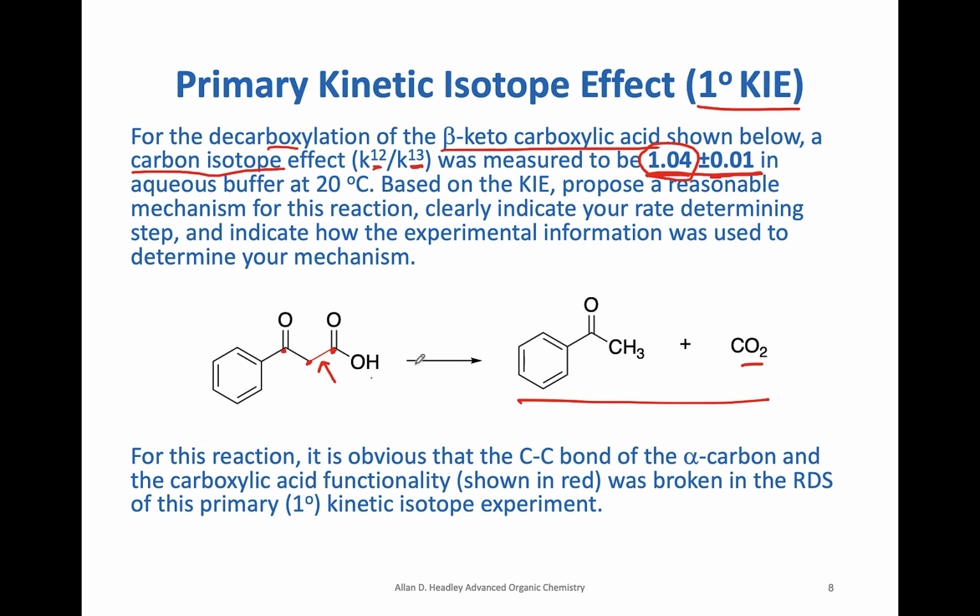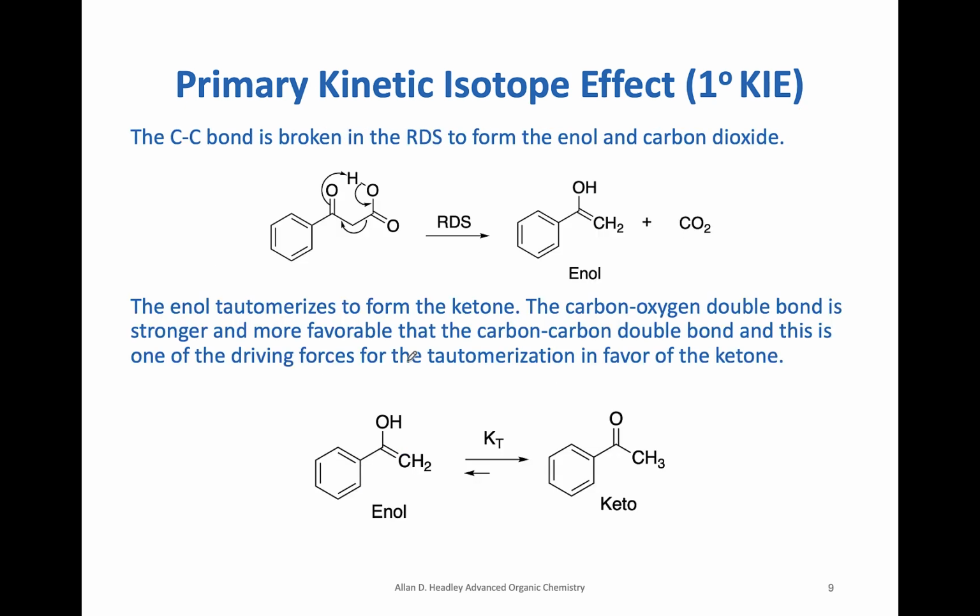So let's see if we can come up with a mechanism that is consistent with that experimental observation. Okay, so here we go. We know that a carbon-carbon bond is broken in the rate determining step. We know this is the product, so more than likely this is the bond that's broken. Here's a possible mechanism.